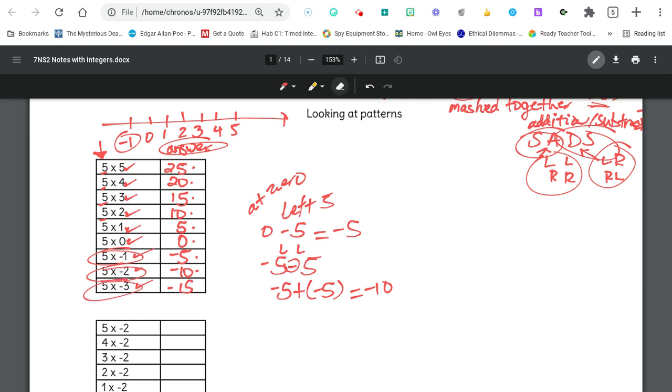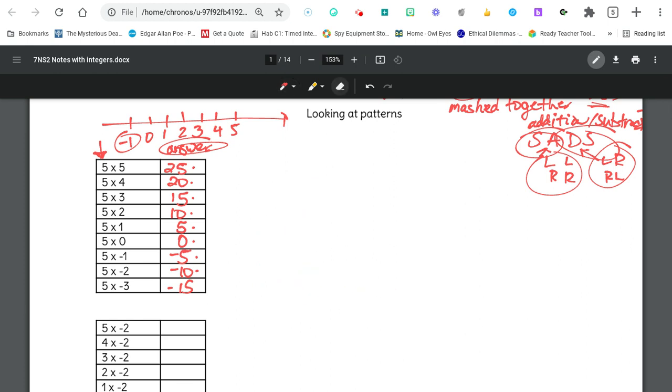Okay? So we see that. So now I'm going to take a look at what I have. Just the signs. Look at signs on it.